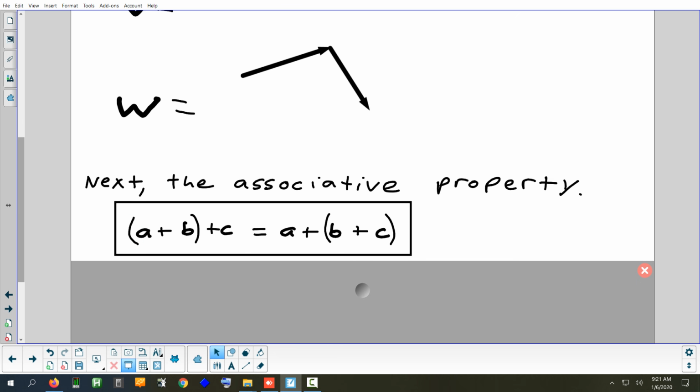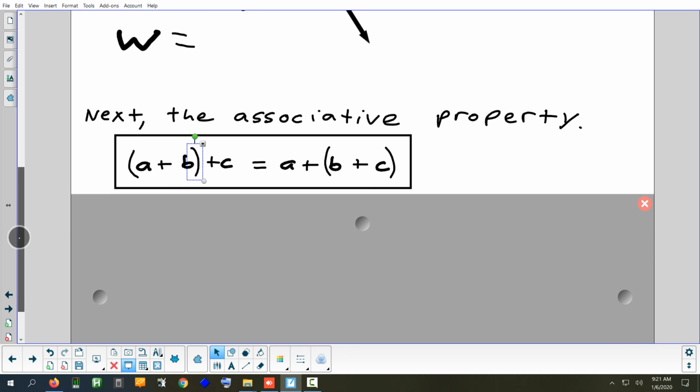Look at the order here: A, B, C, A, B, C. It's the same order on each side. What's different is which vectors are associating with which. In the first one, A and B are associating with each other. They're grouped. On the right side, it's B and C that are associating. They're grouped. And the point is, it doesn't matter if you do it like what's on the left or what's on the right, you get exactly the same thing.